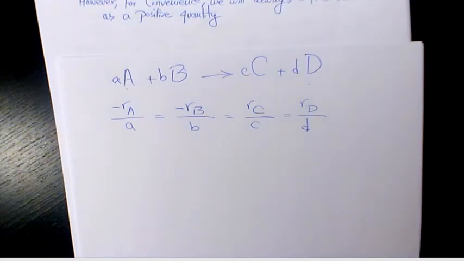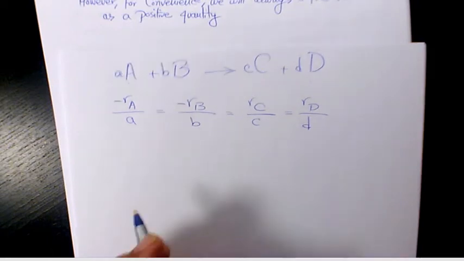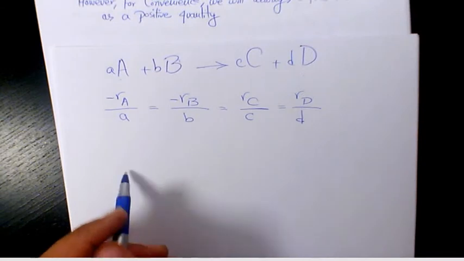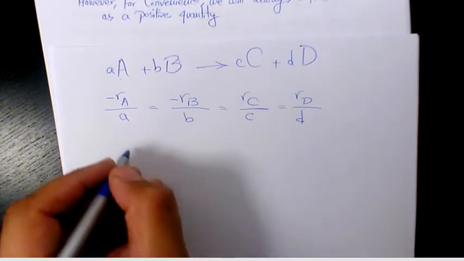That's how we find the relationship between the rate of reaction, or rate of change in concentration, of each of these compounds in a balanced reaction. You need to make sure that you balance these reactions before you write the relationship between the reaction rates. And I mentioned earlier, the rate of reaction is changing with time and it's not constant.